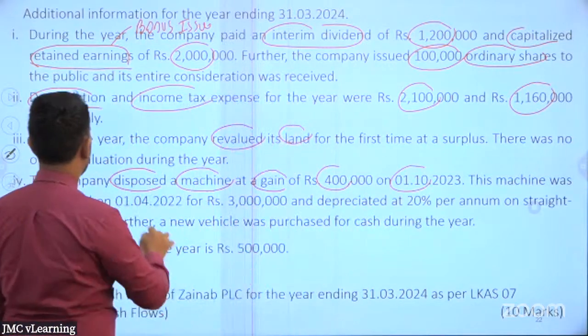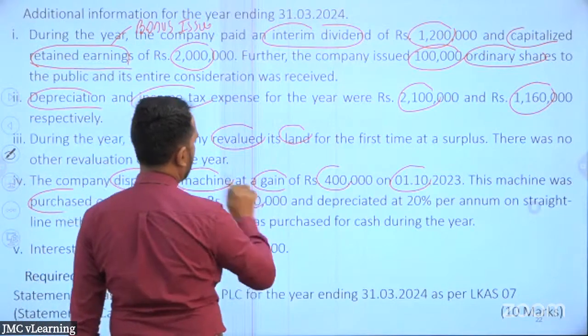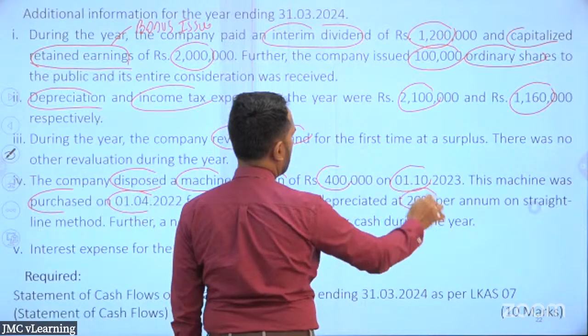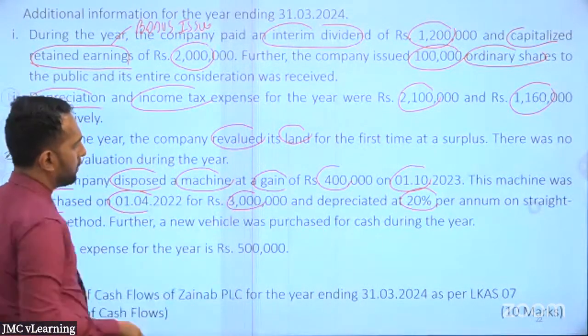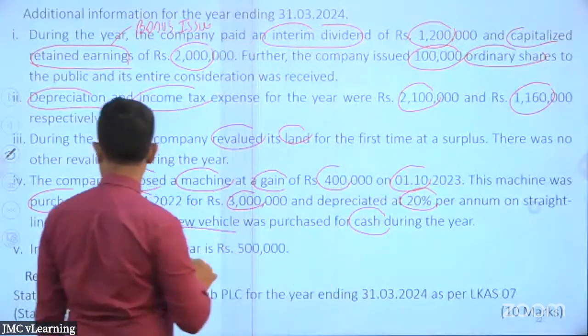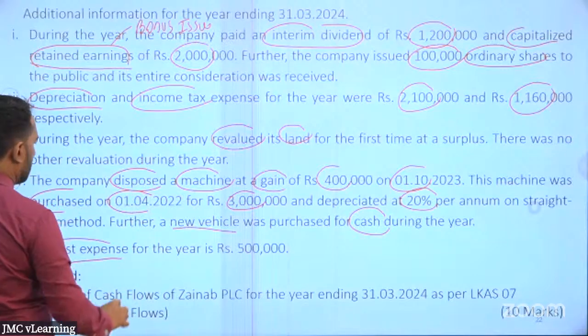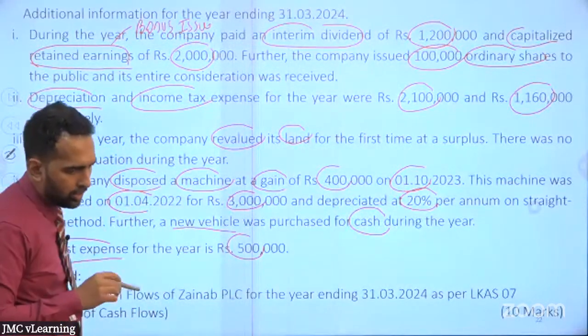This machine was purchased on 1st of April for rupees 3 million, depreciated at 20% on a straight line method. A new vehicle was purchased for cash. Interest expense 500. Right, these are the information given.